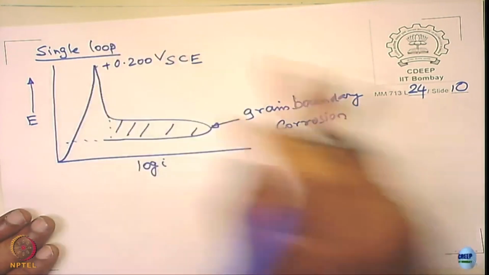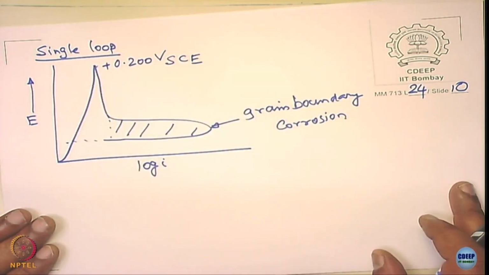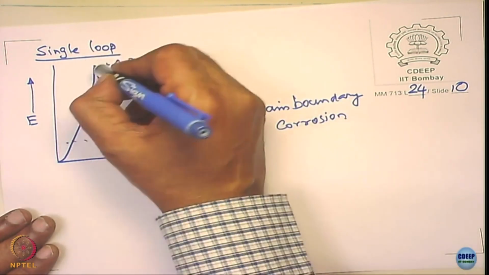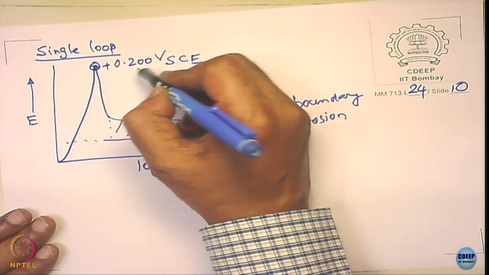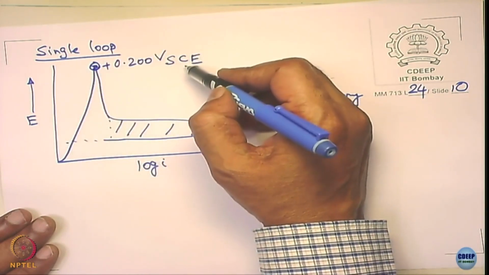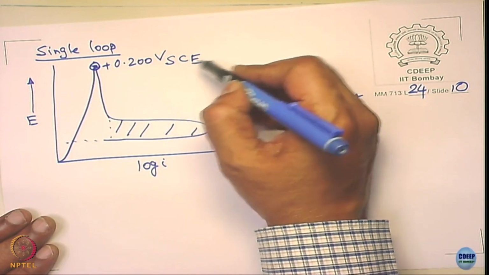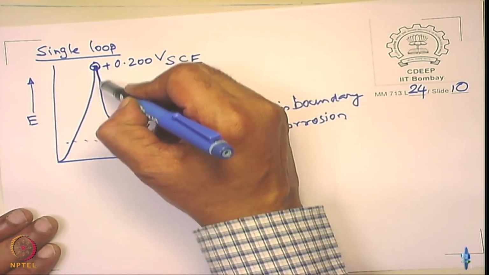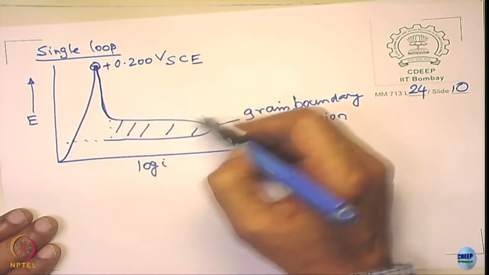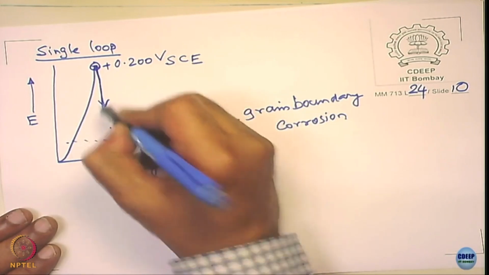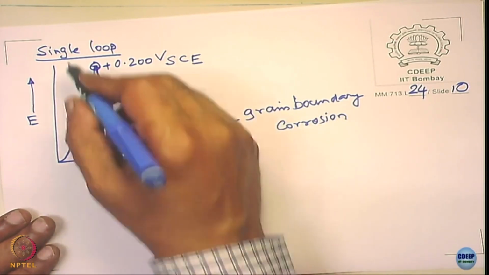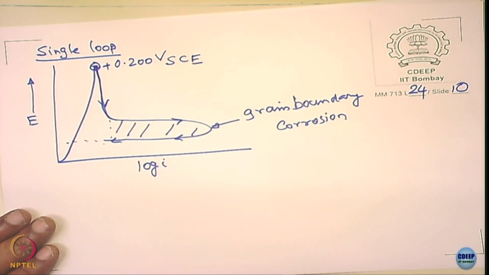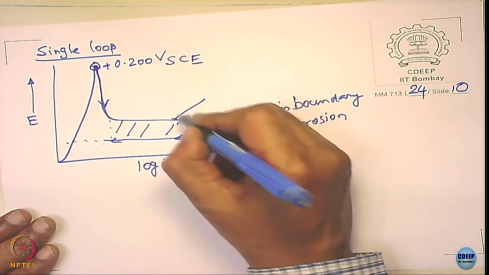In a single loop EPR test, you start in the beginning from 200 millivolts with respect to the saturated calomel electrode. From there you come down, okay. So this is how it is done here. This is the sensitized case.